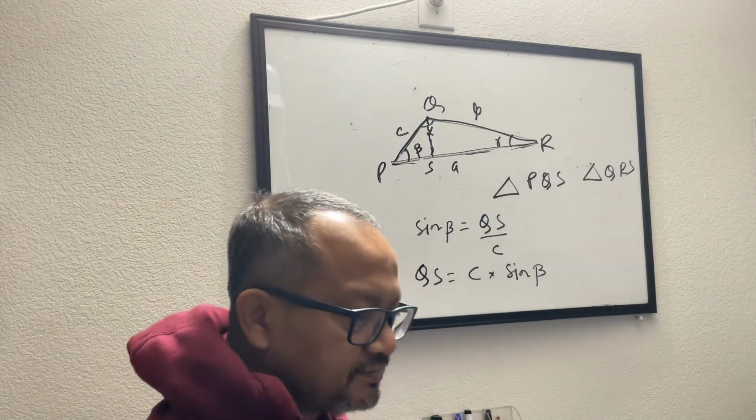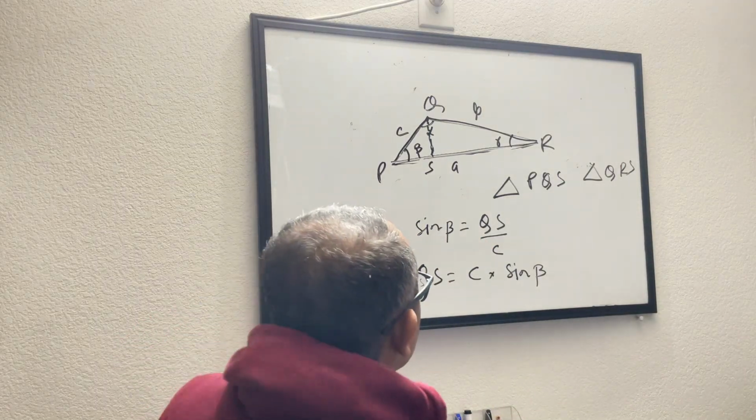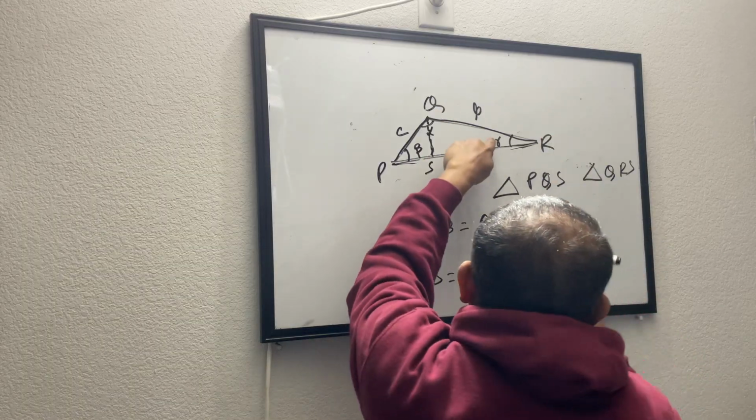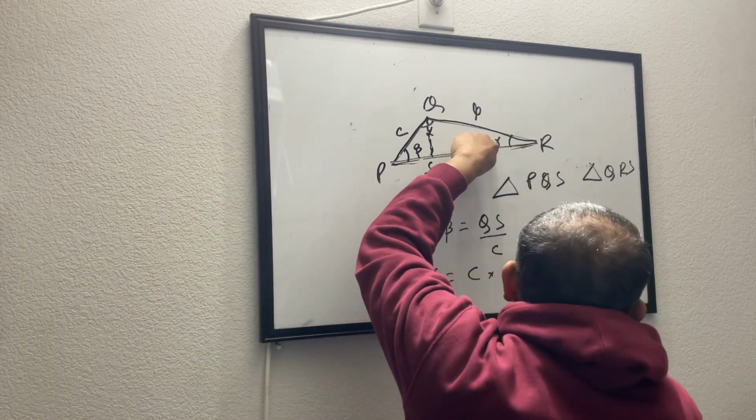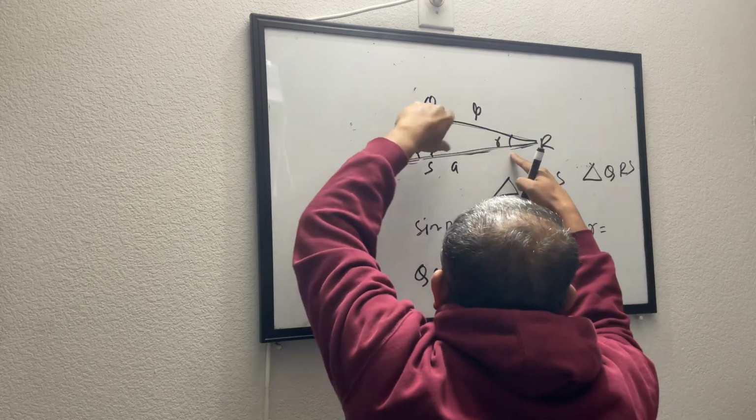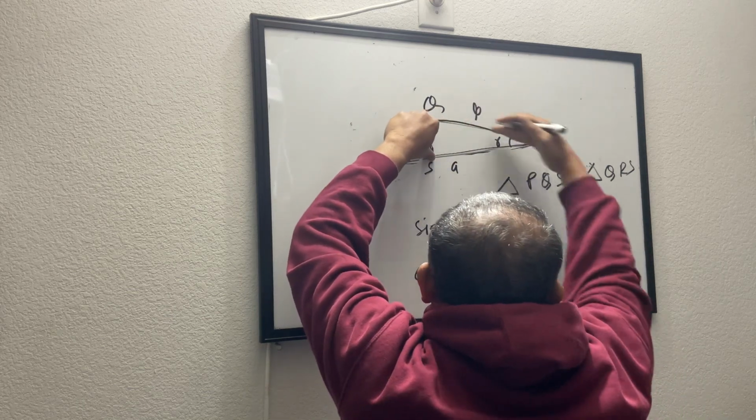So far okay? Now let's take this triangle, and this is my angle gamma. So sine of gamma will be equal to what? Side opposite to this divided by hypotenuse.